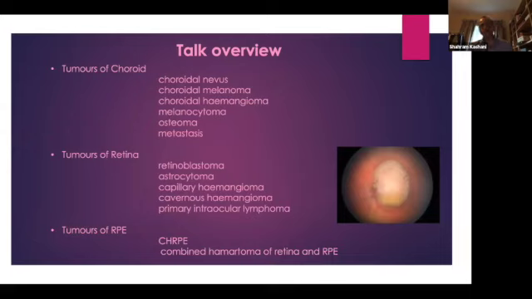And then we'll spend a little bit of time on CHRPE, congenital hypertrophy of retinal pigment epithelium. And that's because you have to know when to worry about a CHRPE. Certain types of CHRPEs are associated with lethal medical conditions, and it's an important thing to know when to actually worry about it.